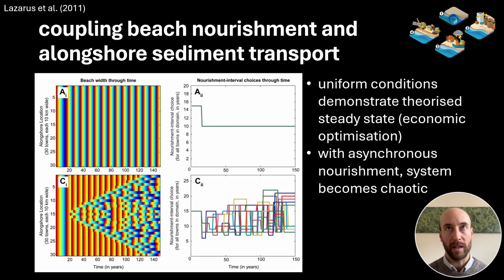So there is an interval over which that town should nourish their beach forever, for all time. That interval does not change. So based on the condition, the model finds that optimum, and it doesn't deviate from it at all. So the model demonstrates the steady state.